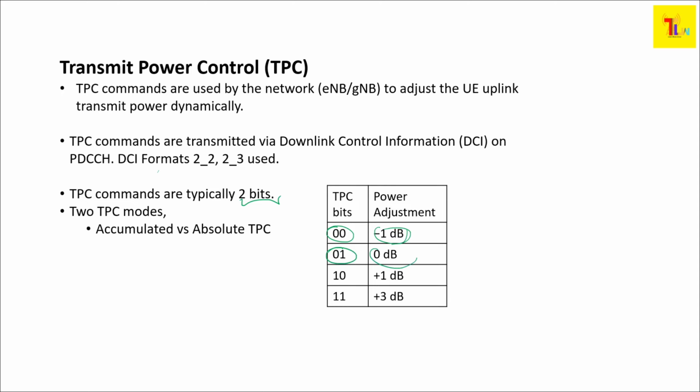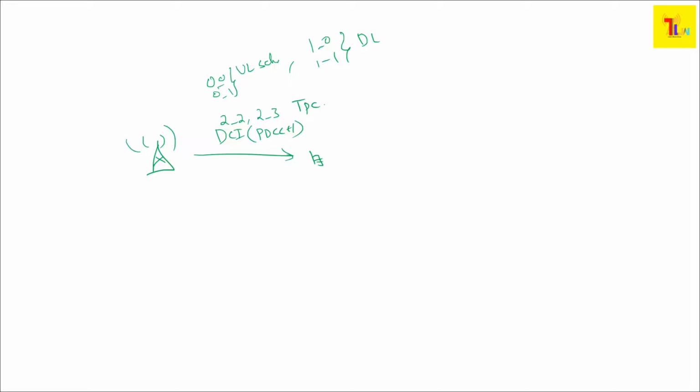So the eNodeB informs this TPC command via DCI, the UE will be able to decode this DCI, and from this it will extract the TPC command bits.